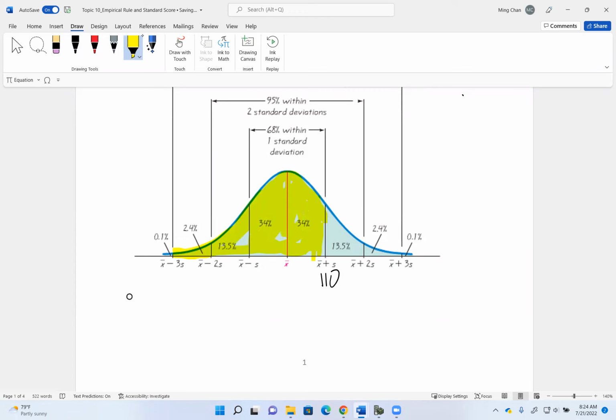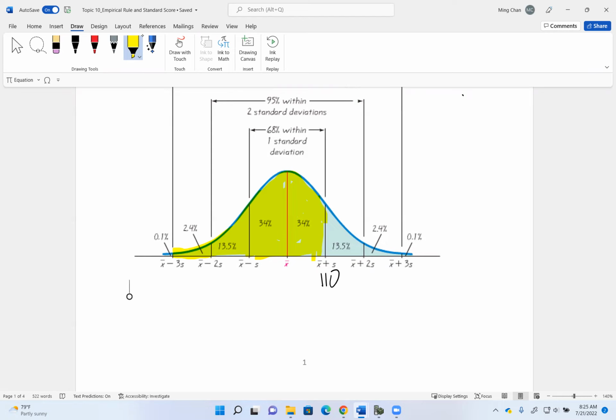So there are two ways we can do this. We can add them up, 0.1, 2.4, 13.5, 34, 34, to get our answer, or we can take 100%, which is the total, and subtract what we do not want, which is the right side of it.